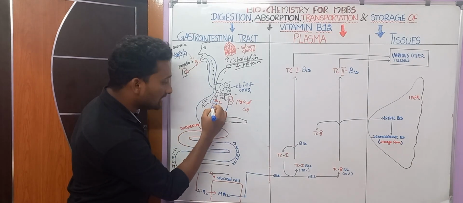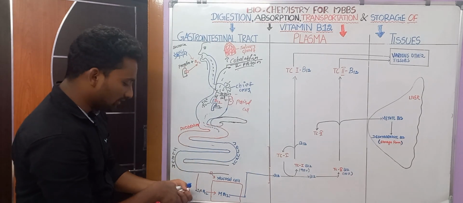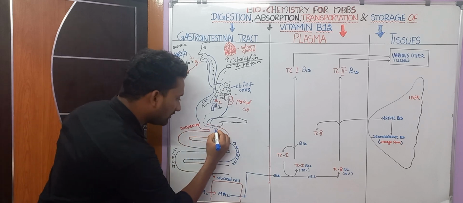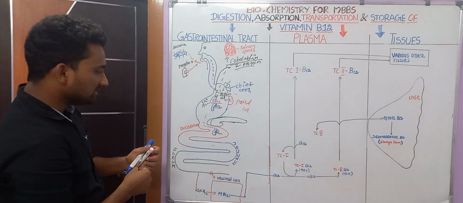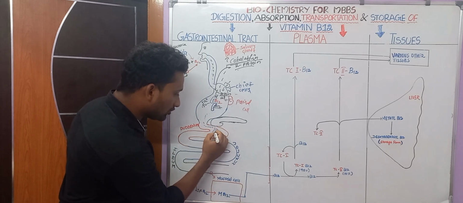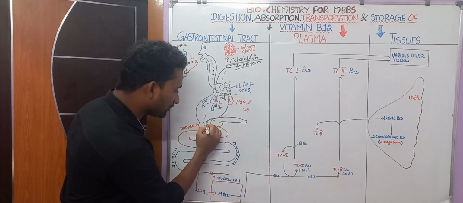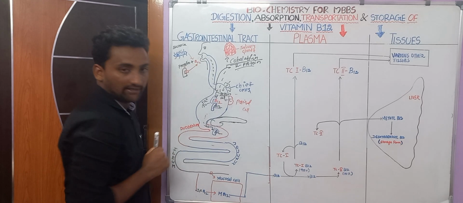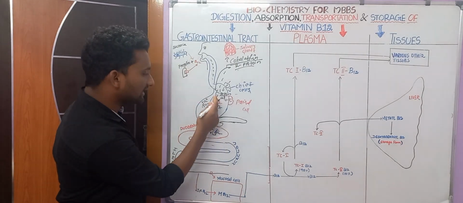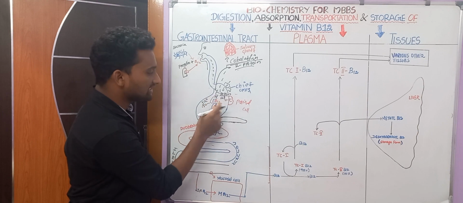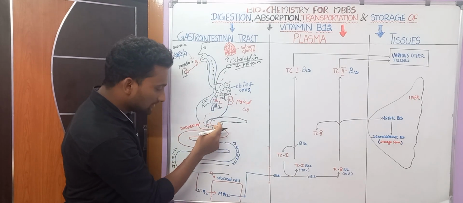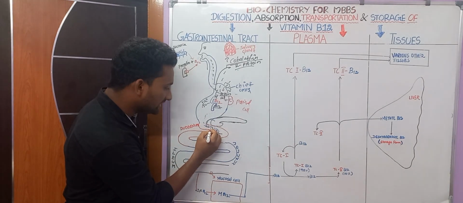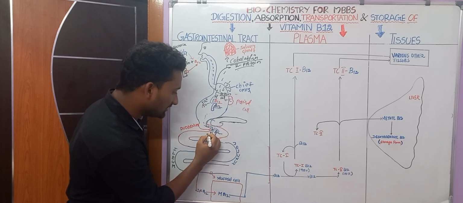So this B12 and cobalamin complex comes into the first part of the duodenum. Now by the action of pancreatic proteases, the cobalamin is degraded, as the protein with B12 was degraded by pepsin. In the same way the pancreatic proteases degrade the cobalamin, and B12 is again alone.